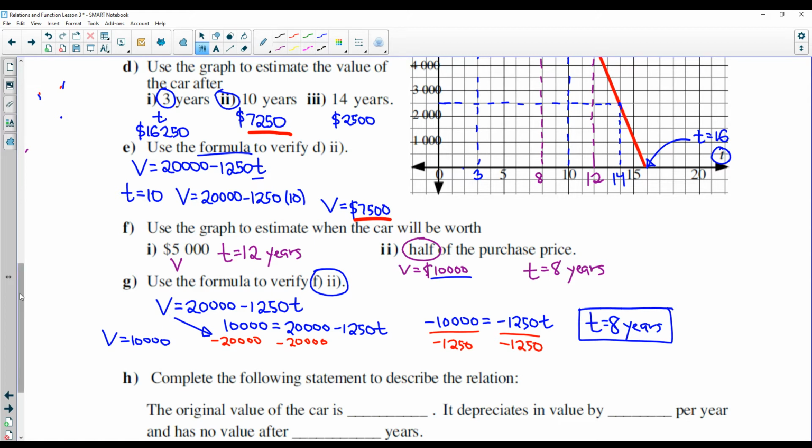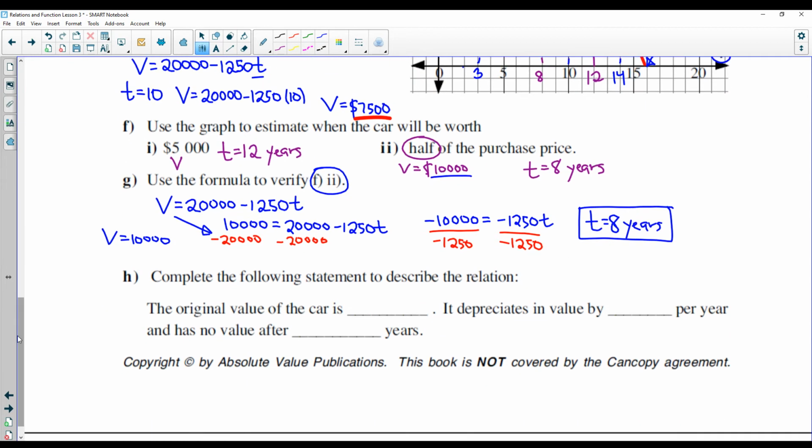And then H, which is the final part of this problem, says complete the following statement that describes the relationship. So the original value of the car is $20,000. It depreciates in value by how much per year?